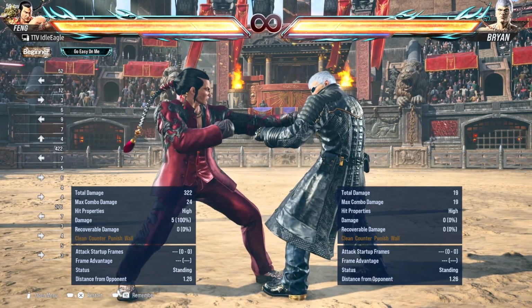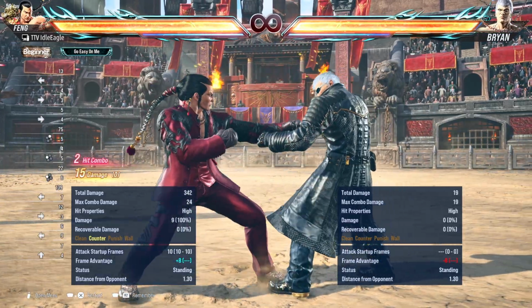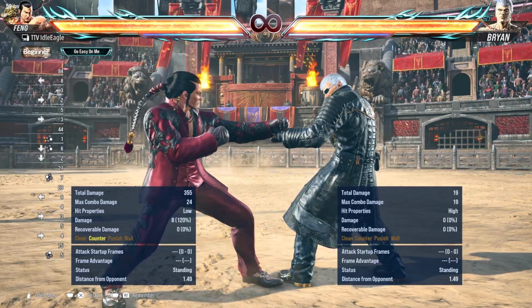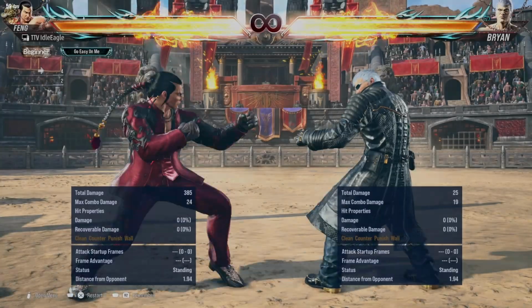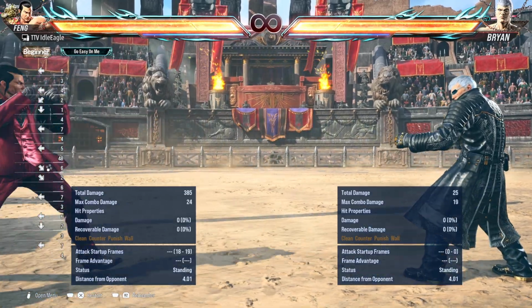Okay, I will interrupt him. So, I can do a jab. He wasn't able to jab me back. I can do this. Okay, so you see how it traded there? This move is 18 frames, okay?